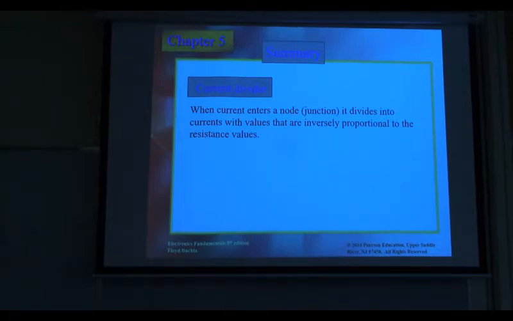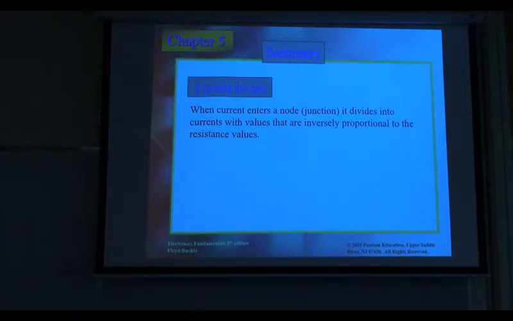Now we are going to discuss the current divider. The previous circuit had a voltage source, which means we used voltage. Now we are going to have a current source. Suppose we know the total current here.